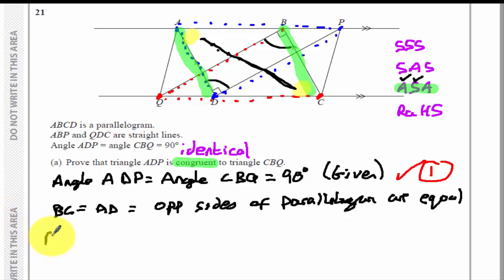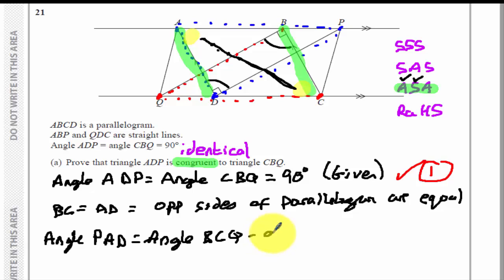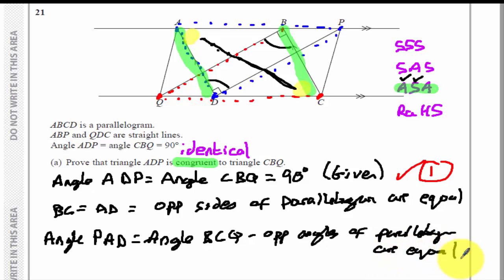So angle PAD equals angle BCQ as opposite angles of parallelogram are equal. Now that I've got all 3 statements down, I've got my second mark.